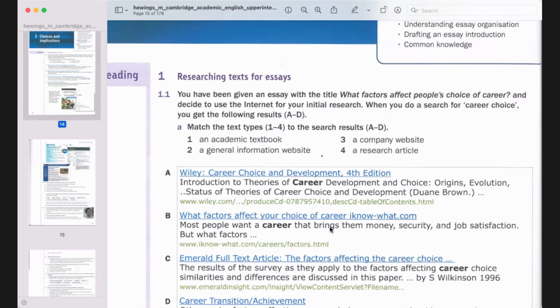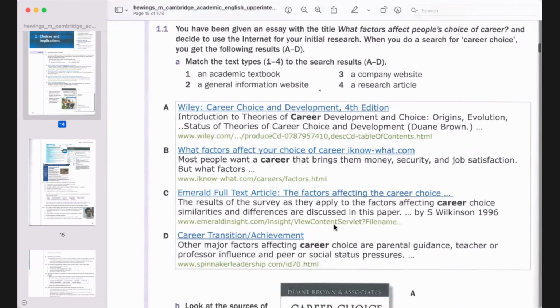Okay, and here in the box are your proposed A, B, C, D variants, the names and the websites. Could you please match the types 1, 2, 3, 4 with search results A to D? Academic textbook, which letter might it be?